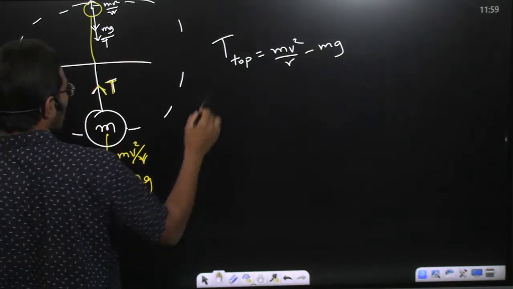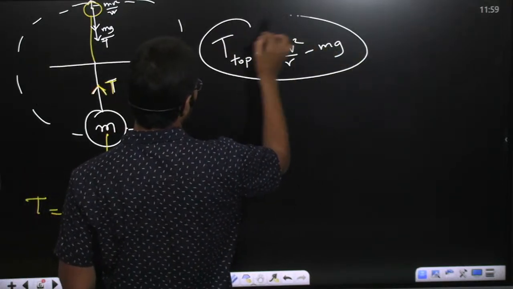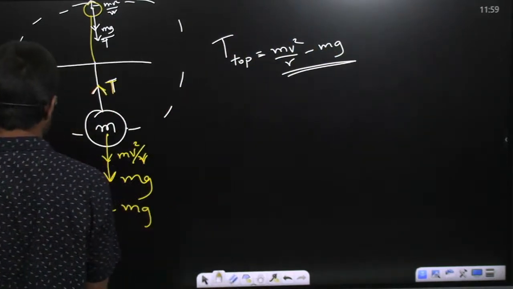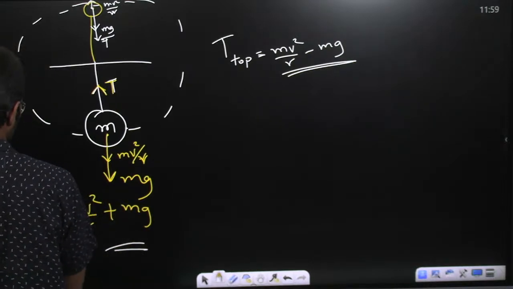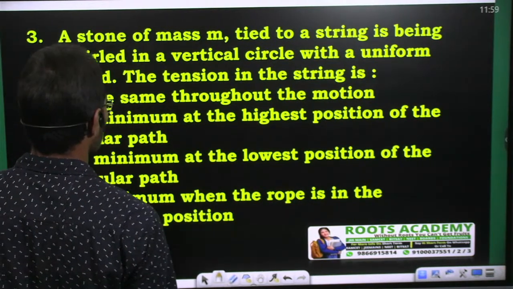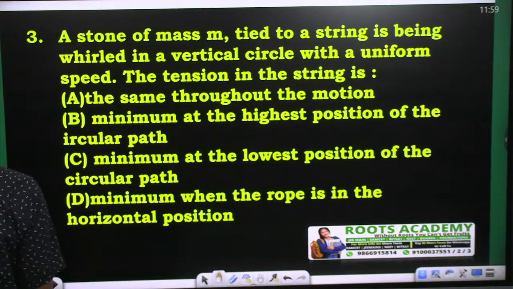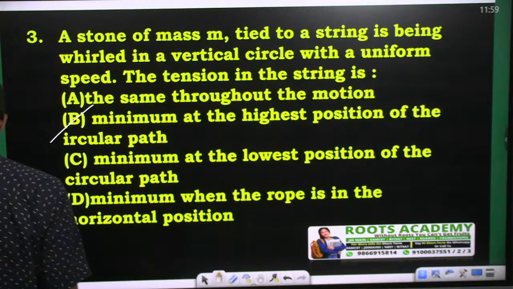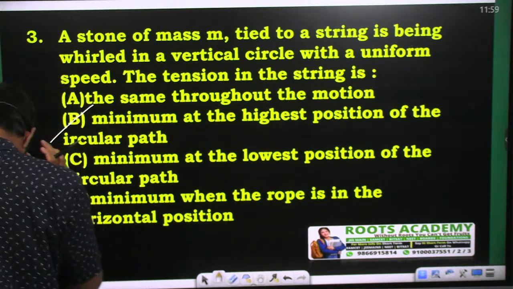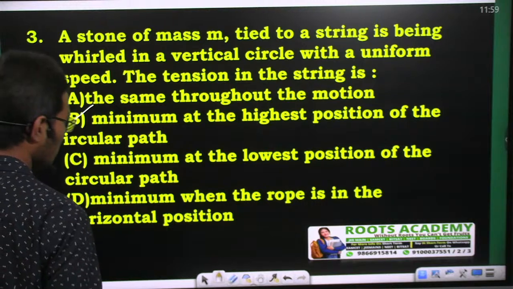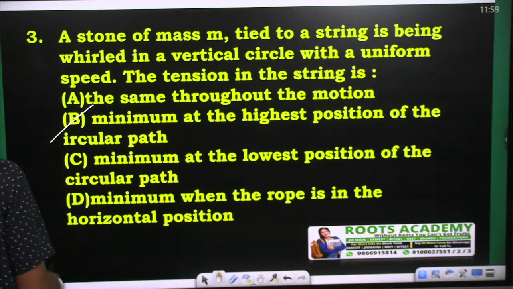We can clearly make out that at the topmost point the tension has a minus and at the bottom it is plus. So the tension is minimum at the highest point of the circular path. So option B. Direct question, simple question, you can easily make out.